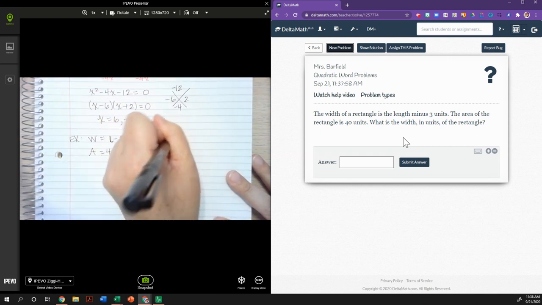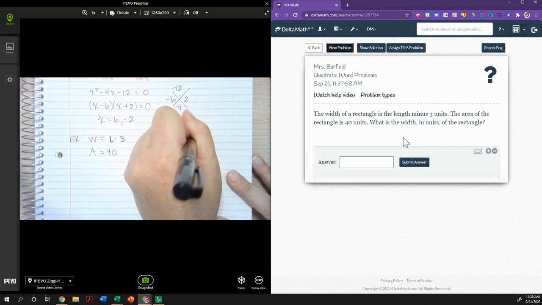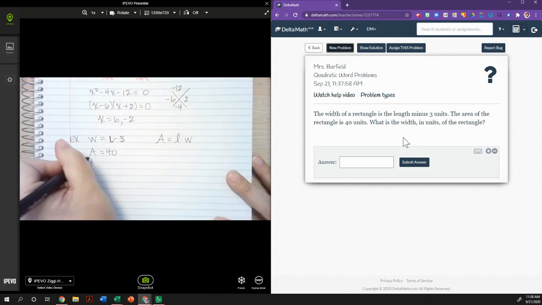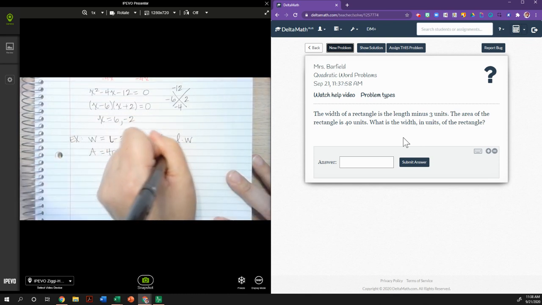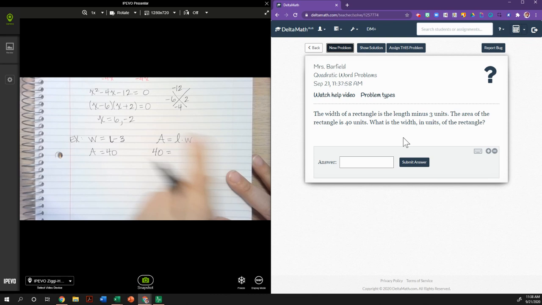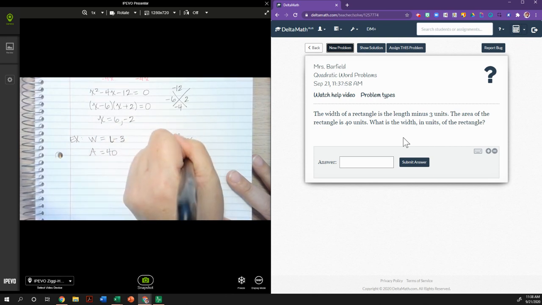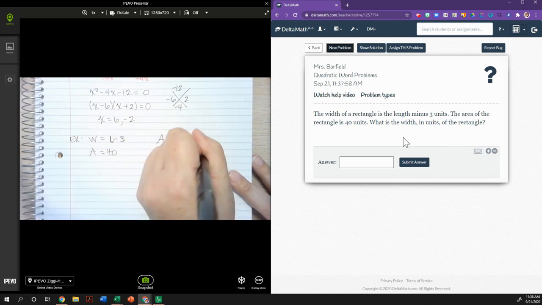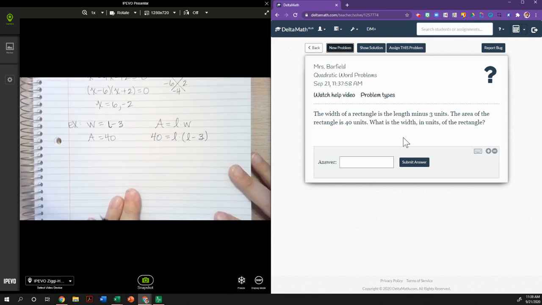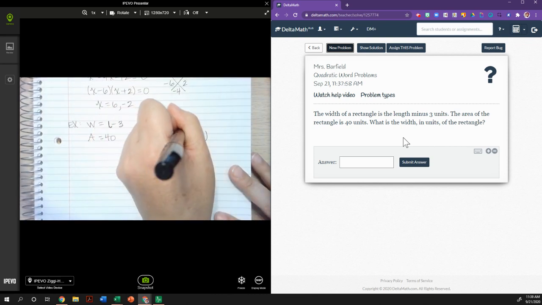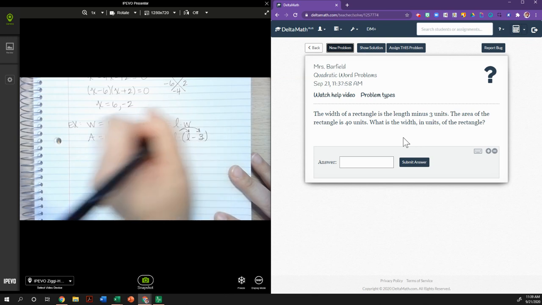All right, so what do I know? I know that area is length times width. They've told me that the area is 40. I don't know the length, and they've told me that the width is the length minus 3. All right, so in order to solve this, I'm going to need to do a little bit of work on my distributive property.